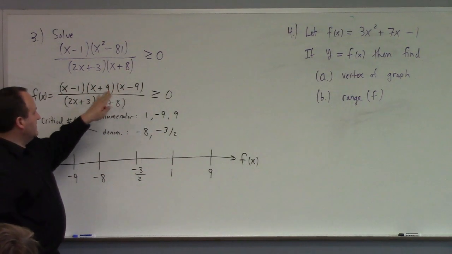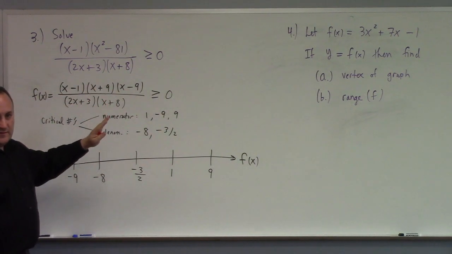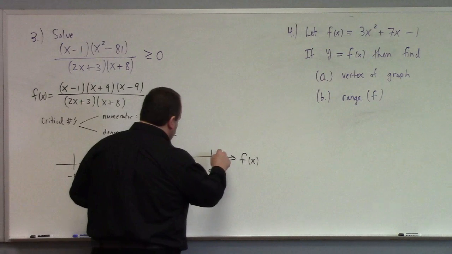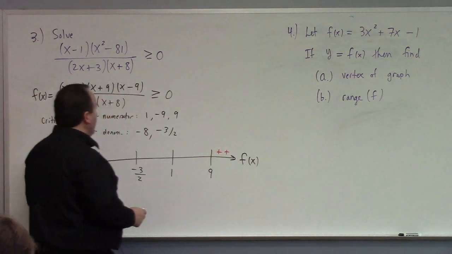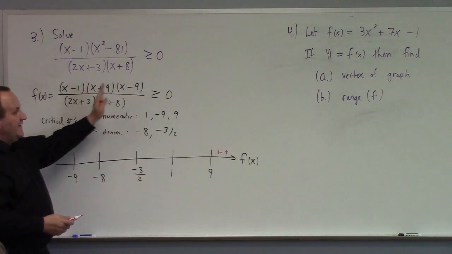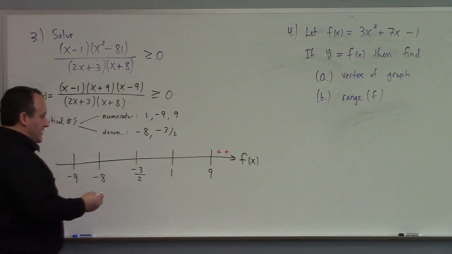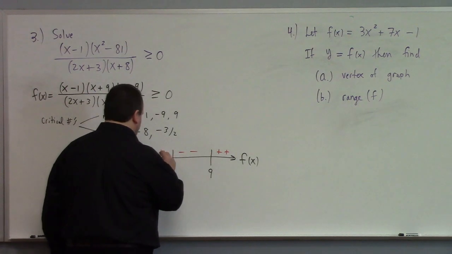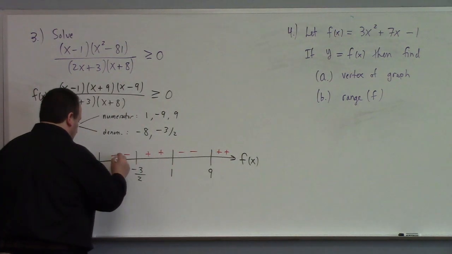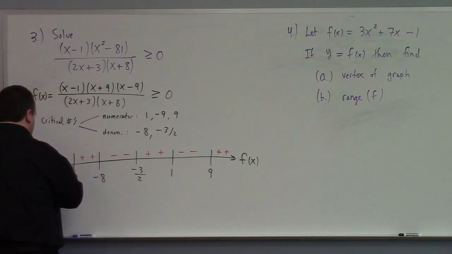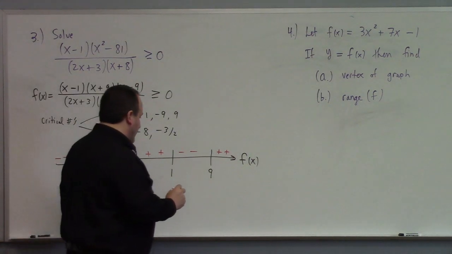Positive, positive, positive, positive, positive. It's all positives, right? So it starts out plus, like that. And then every single one of these factors is linear, right? It's just odd. There's going to be a sign flip at every single one. There's no repeated, there's no bouncing in this. So it goes plus, minus on each critical number. And the solution to this horrible problem is what?